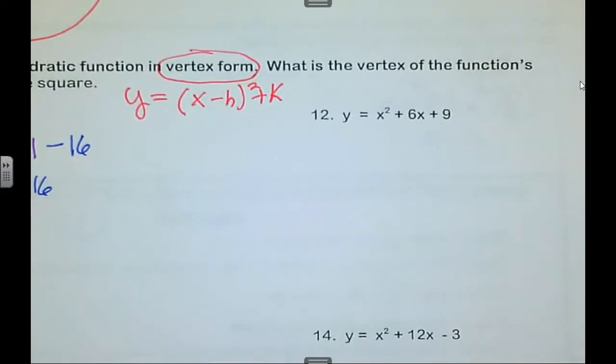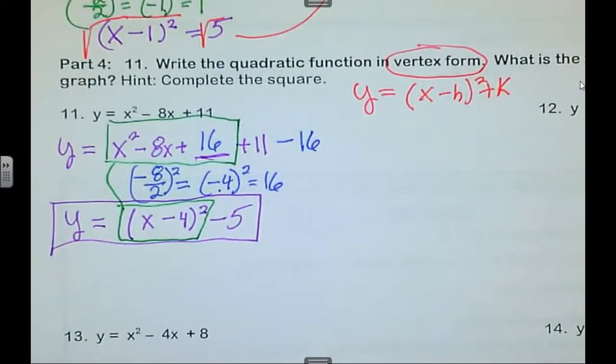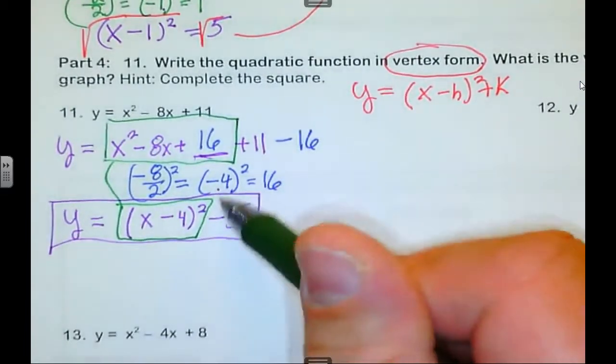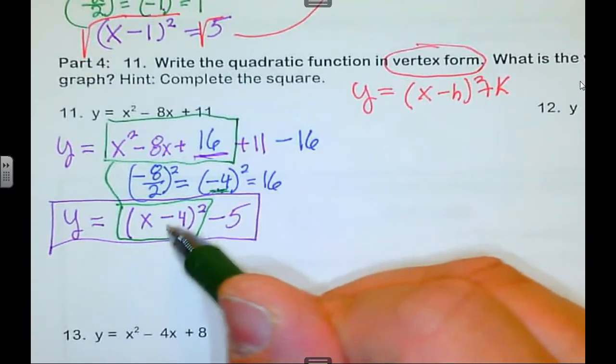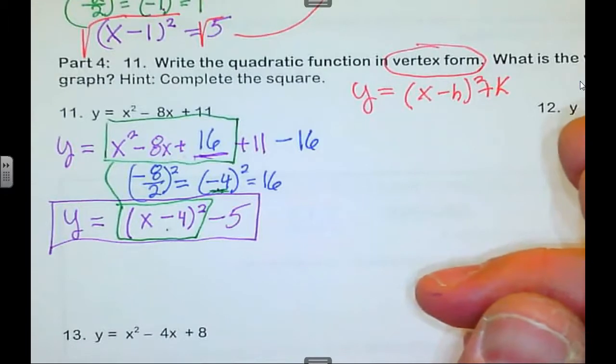I'm going to put number 12 in vertex form. I highly suggest doing these steps because this is my base that makes it factorable. Take your b and always divide it by 2 and then square it.